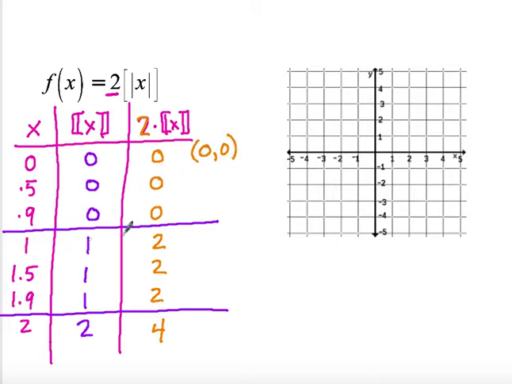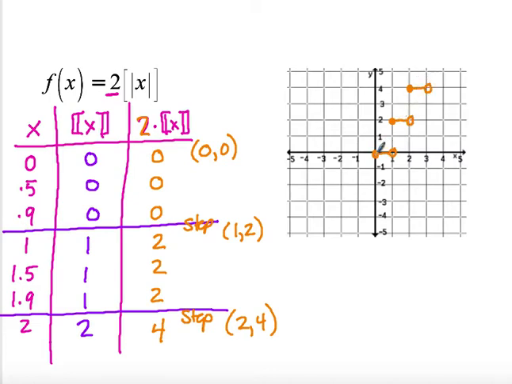And then I'm going to jump or do my stepping onto 1, 2. And then I'm going to step again at 2, 4. So 0, 0. 1 is going to jump to 2. 2 is going to jump to 4, and then you're going to stay constant in between.